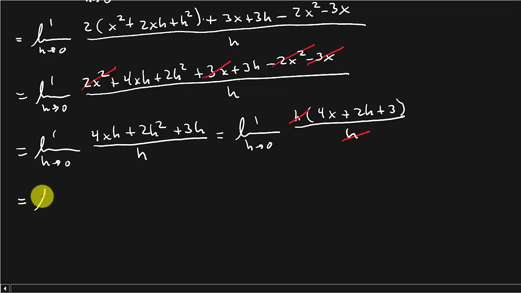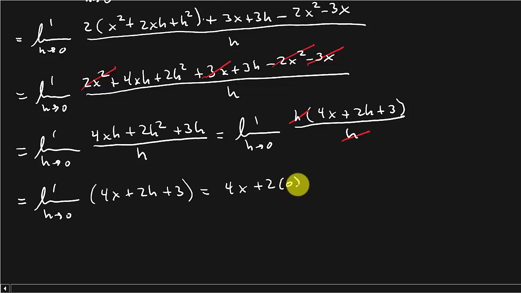And so I'm left with the limit as h goes to 0 of 4x plus 2h plus 3. And now I just evaluate the function here at 0. So that's going to be 4x plus 2 times 0 plus 3, which is 4x plus 3. And there's your derivative.